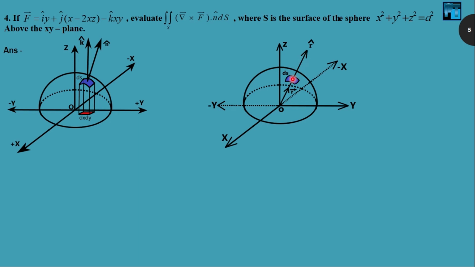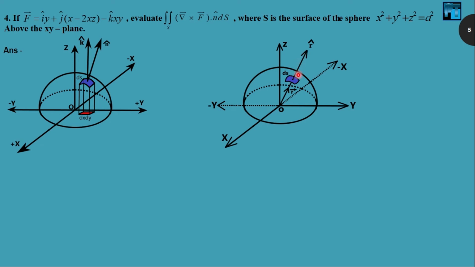Because a surface always has direction. And what is the outward direction? The outward direction is the positive direction. So the outward direction is along the r cap. See, r is from center to surface, so r cap is also in the outward direction.